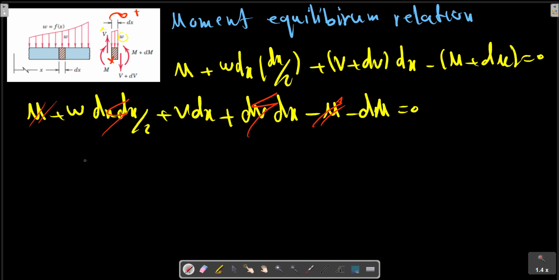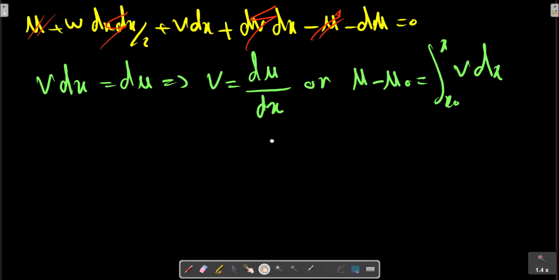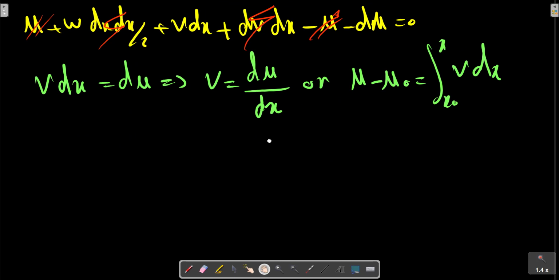So the final expression is V dx equals dM, V equals dM over dx, or M minus M0 equals the integral of V dx, which is the area under the shear diagram from x0 to x.